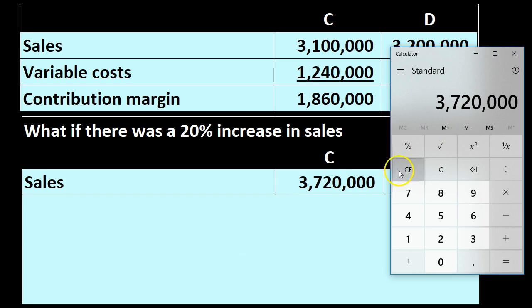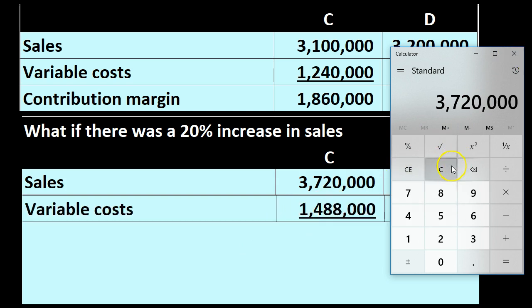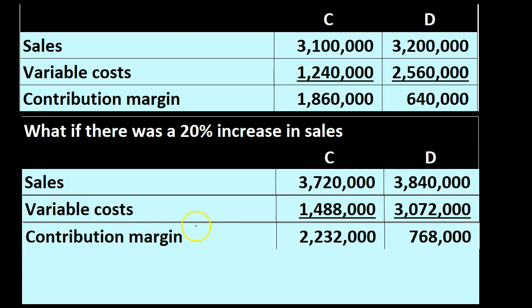So that's increased. We also know that the variable costs are going to increase. Why? Because they increase in the same percentage. That's why we broke them out between fixed and variable. So the 1,240,000 times 1.2 is going to be up to 1,488,000. And then we know the contribution margin is going to be subtracting these two out.